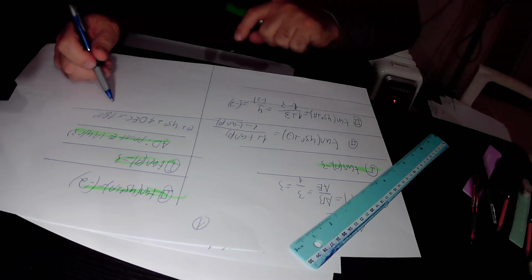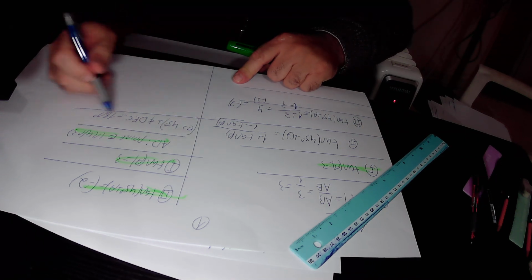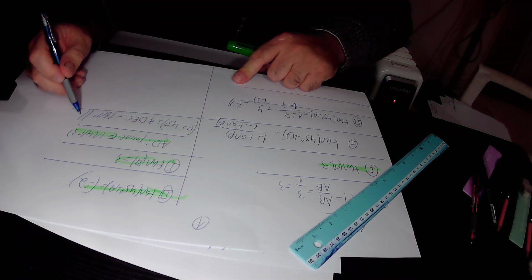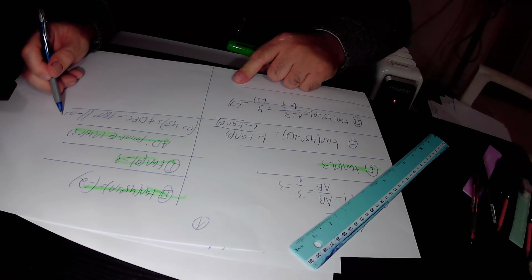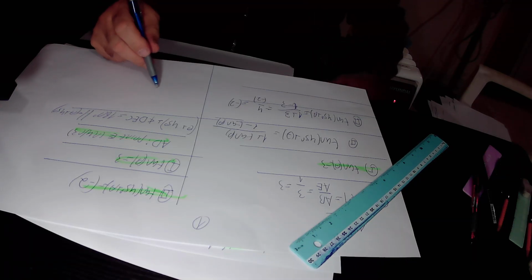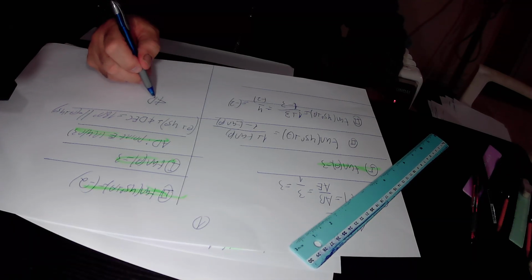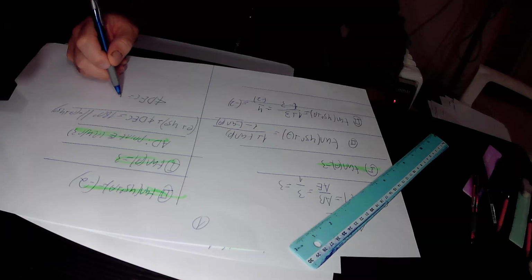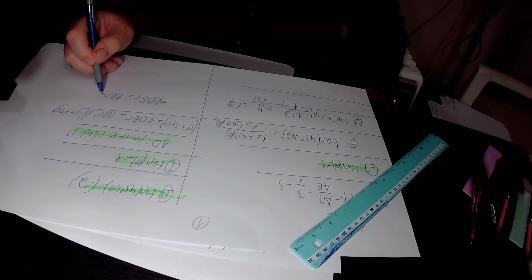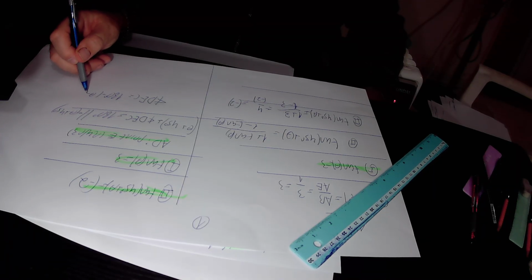So here we subtract theta plus 45 degrees from this equation, and you get that the missing angle DEC is equal to 180 degrees minus (theta plus 45 degrees).